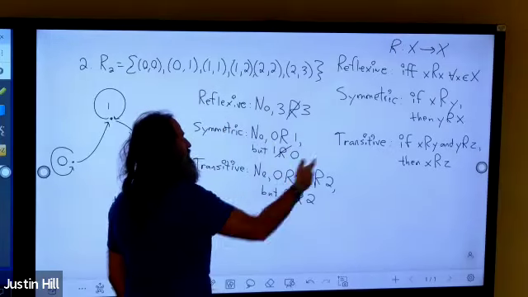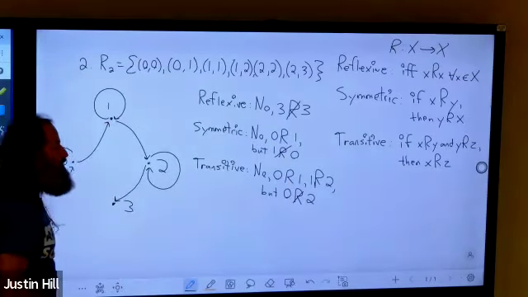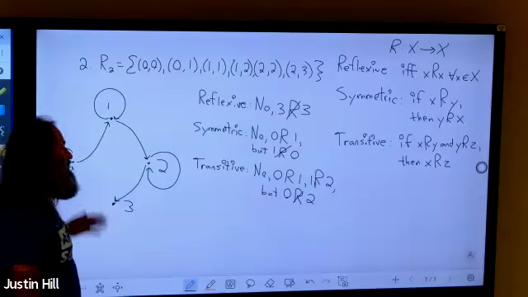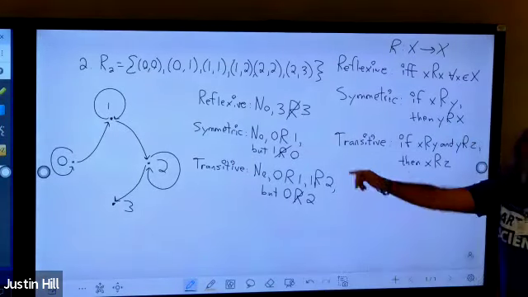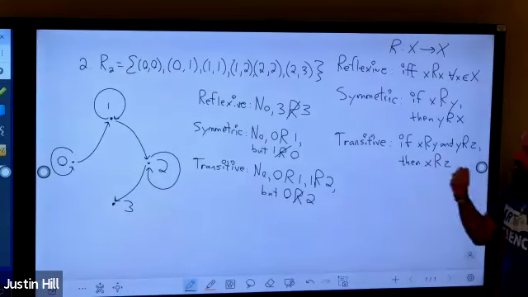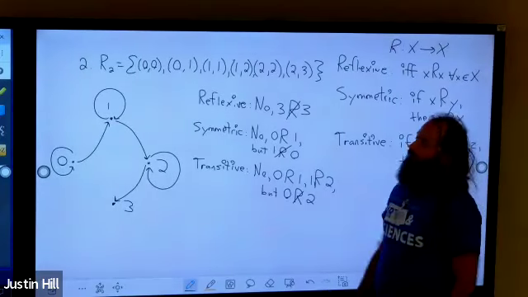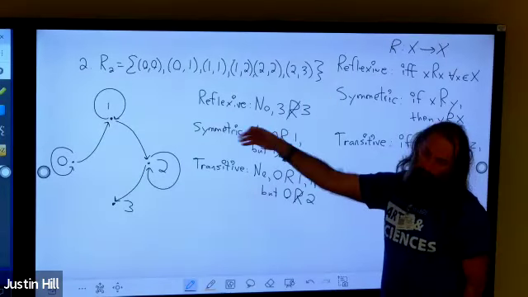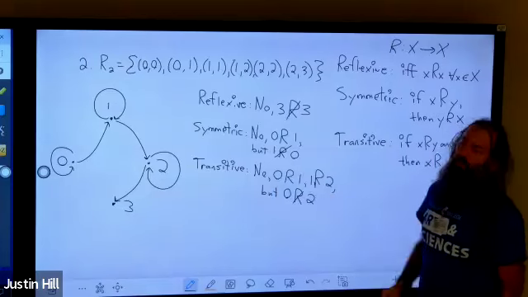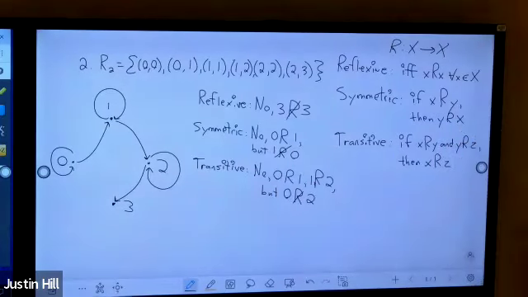First related to second, second to third, but in this case, the first doesn't go to the third. And again, I just need this to fail once. So it fails plenty of other times actually in this diagram, but we just need to show one of them. Good, so this is an example of a relation that's neither reflexive nor symmetric nor transitive. It has none of those properties.